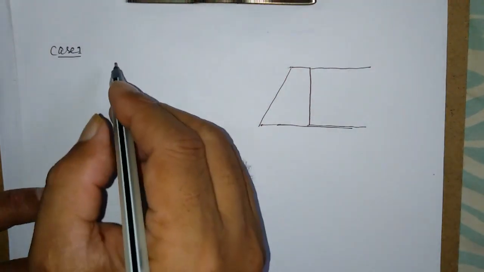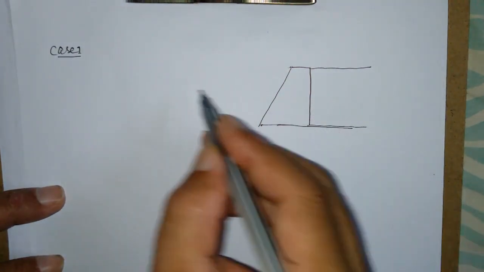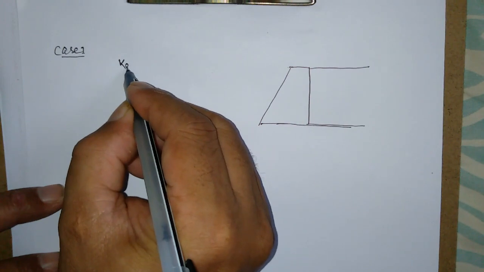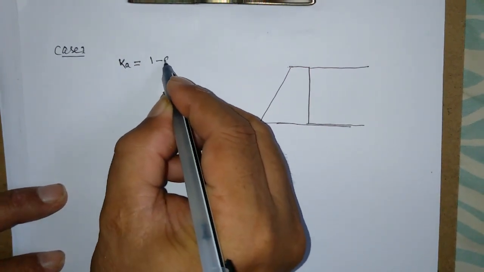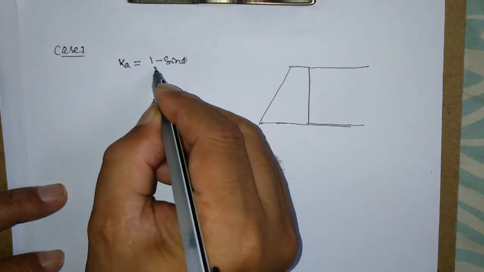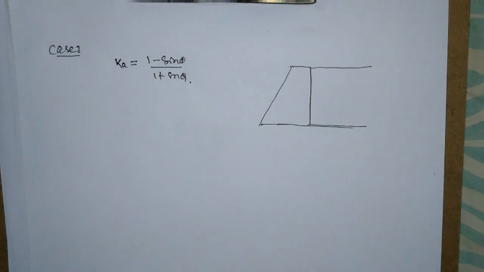Under this condition, if the soil is cohesionless, there will be some value of phi. So first Ka, the coefficient of active earth pressure, will be found as 1 minus sine phi by 1 plus sine phi.